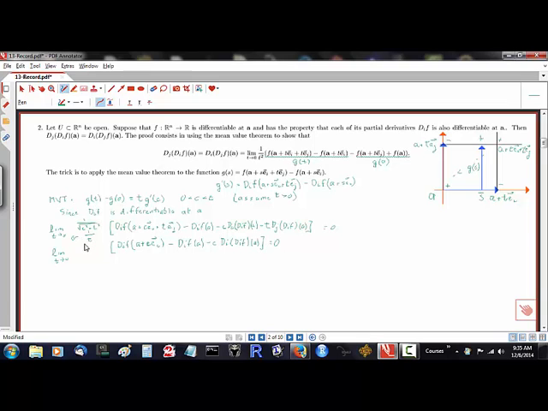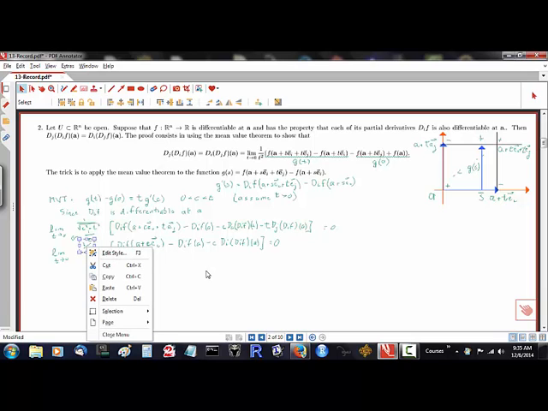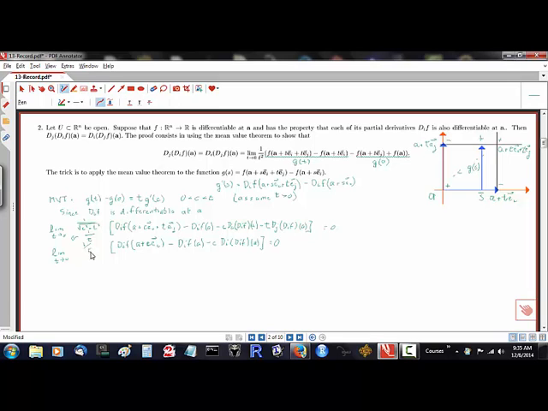I'll get 0. Strictly speaking, since my increment is c, I should divide by c. But since c is somewhere in between 0 and t, alternatively I can divide by t.